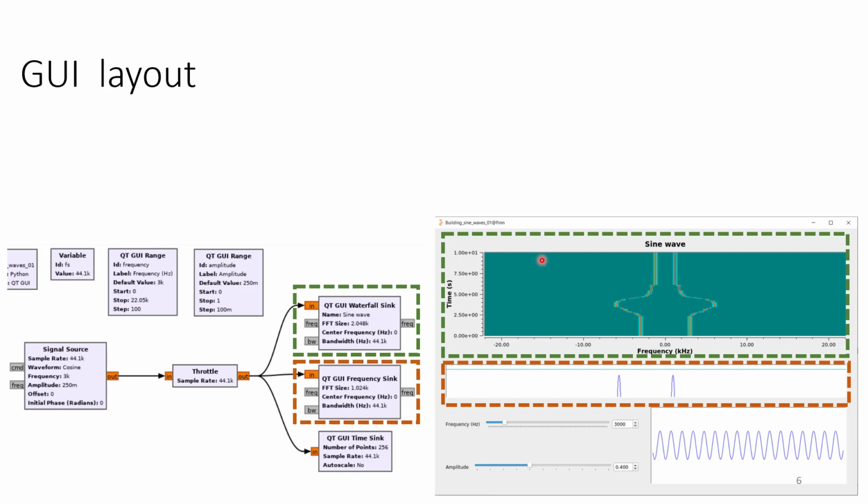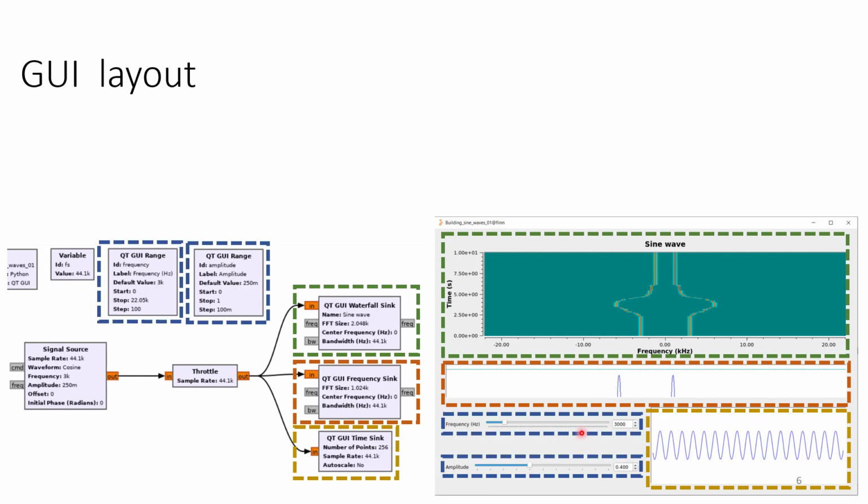And the frequency plot can also give me additional information of subtle variations, which may not appear easily in the waterfall plot. And the same goes for the time, where it's easier to see slight changes and fluctuation of amplitude, which may not be obvious in the waterfall plot. And we want both the frequency control and the amplitude control to be easy to adjust while looking at the waterfall, frequency and time plots.